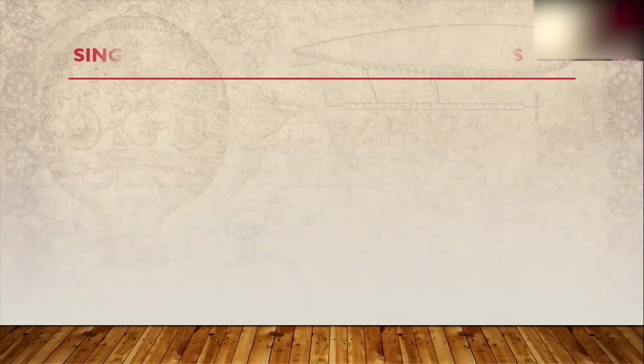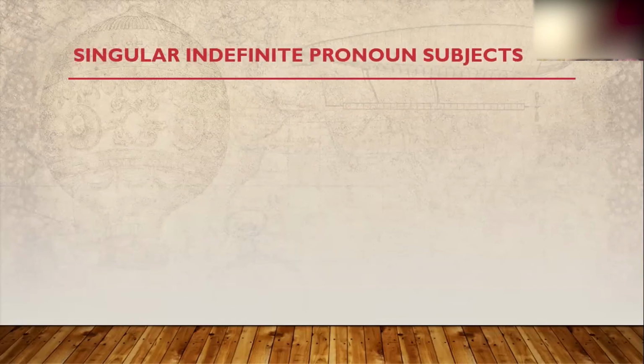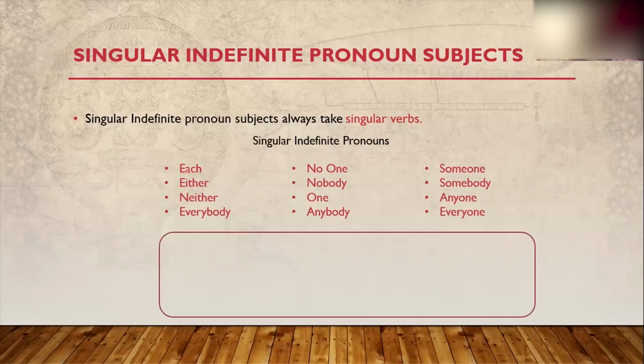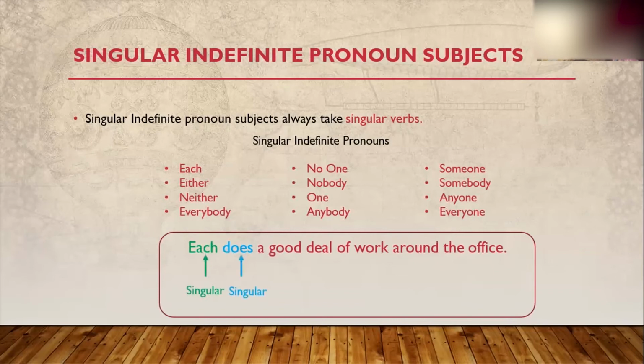Moving on to the singular indefinite pronoun subjects, they always take singular verbs. For example, each does a good deal of work around the office. Here, each is a singular indefinite pronoun, so the verb used here is also singular.